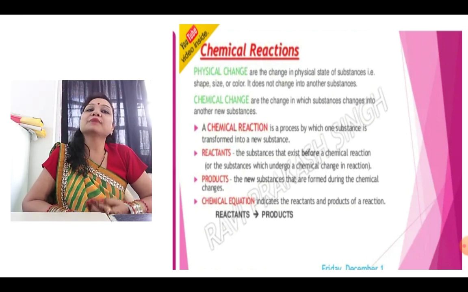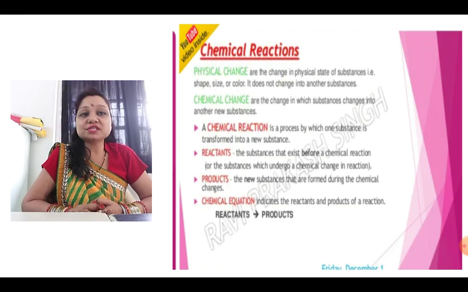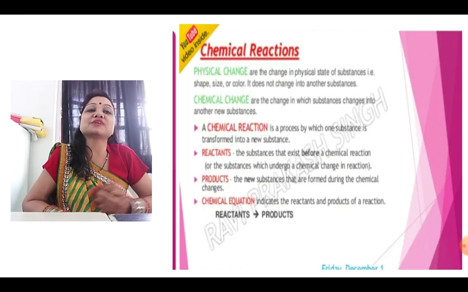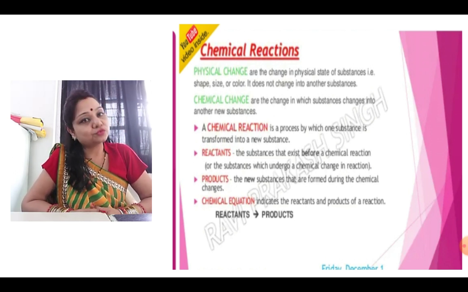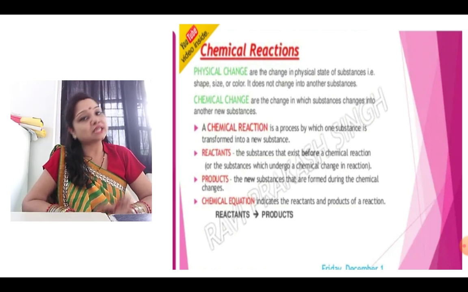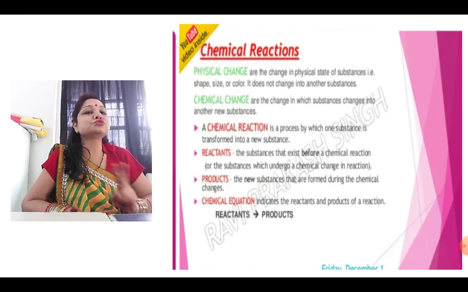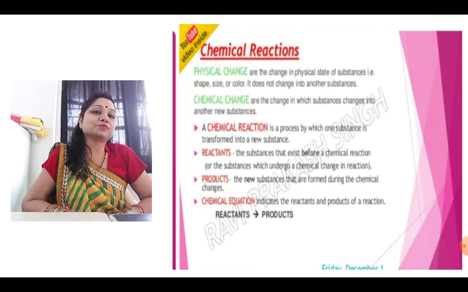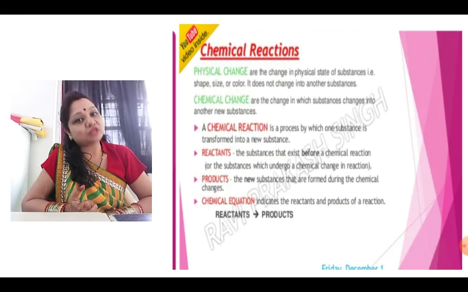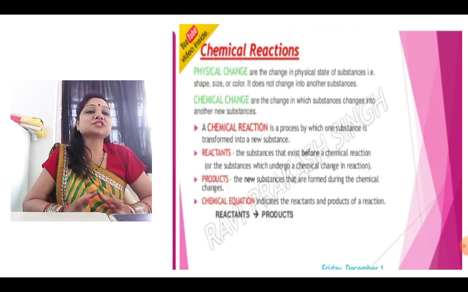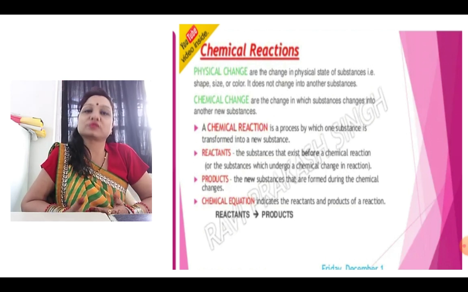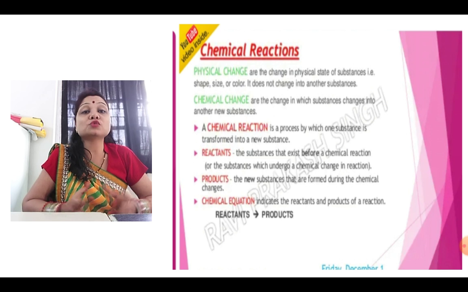Now, what do you mean by chemical reaction? The process by which one substance is transformed into a new substance, that process is a chemical reaction. Now, in this chemical reaction, there are two types of objects, reactants and products. Reactants are those substances which exist before the chemical reaction, the original state.